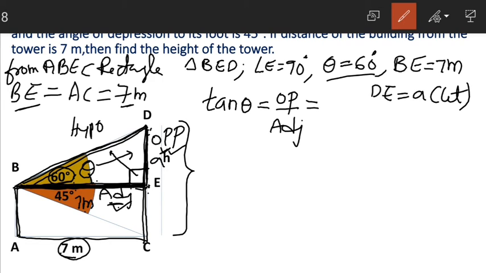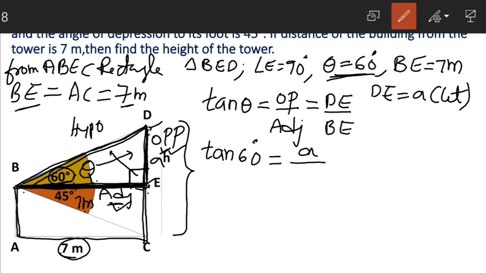What is the opposite side here? DE is the opposite side and adjacent is BE. Now substitute the values: tan theta, here 60 degrees. Tan 60 degrees is equal to DE, that is small a, by BE, that is 7.